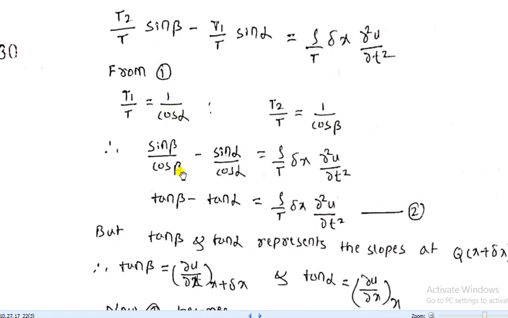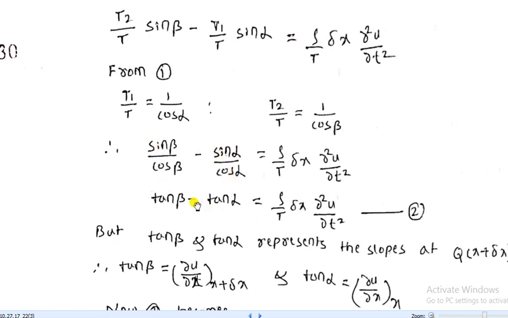So sin beta divided by cos beta, minus T1 by T sin alpha, where T1 by T is 1 by cos alpha. So 1 by cos alpha into sin alpha, sin by cos, is equal to rho divided by T delta x into ∂²u by ∂t².